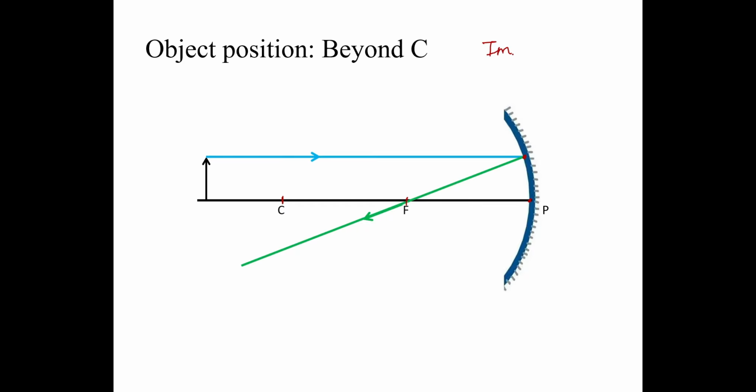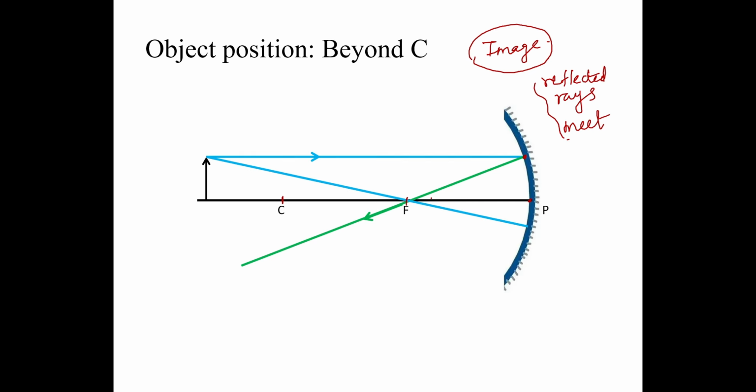Why are we using two rules? Because we will get our image only when the reflected rays meet. The reflected rays should meet, and only then will we get our image. We have applied one rule here, and now we are applying one more rule. I am applying rule 2, that is, a ray passing through the focus.